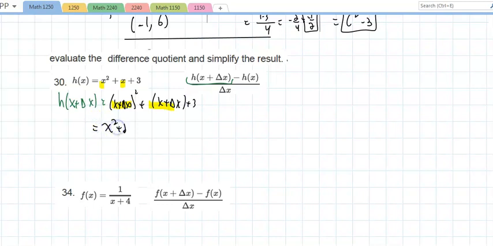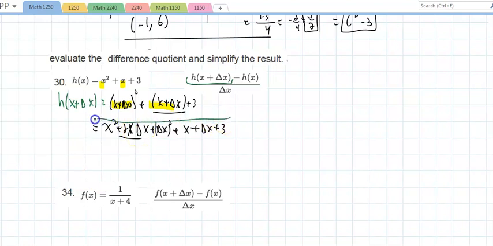X squared plus twice x delta x plus delta x squared. This you just copy down. And if you combine like terms, oh, actually that's all there is. Nothing is common. Nothing combines. So that's it right there. Nice.